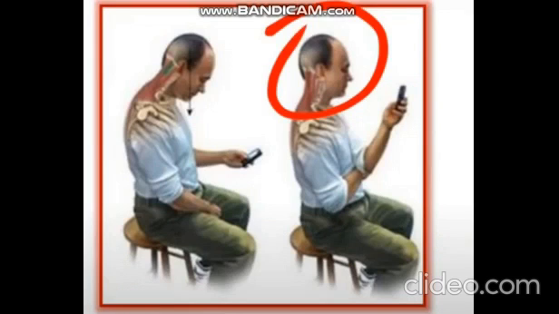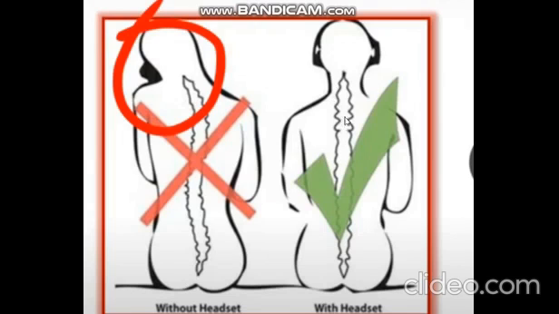When you are looking at the mobile phone also, see how the spinal cord should be straight, not bent like this. And when you are answering the phone, your spinal cord should be straight. For that you can use a headset. You should not put the phone between your shoulder and head, twisting like this. These are not desirable things.